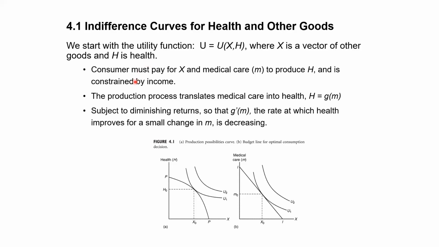So consumers in the market must pay for X and medical care to produce a certain level of H, or health status. What limits this ability to pay for X and medical care is the level of income of the consumer. We also mentioned that the production process will translate medical care into health. So H is a function of medical care, and it's the production function curve, subject to what we call diminishing returns.